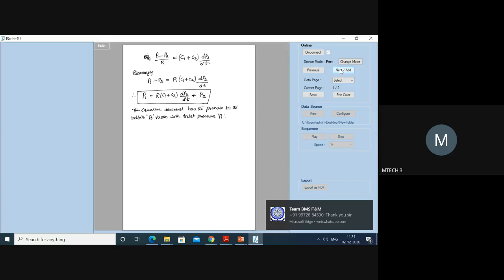Pressure, exactly. The pressure is going to come inside the bellows. In the presence of the vacuum, that pressure will contract the bellows. Depending upon the amount of contraction, you will measure the pressure which is applied.